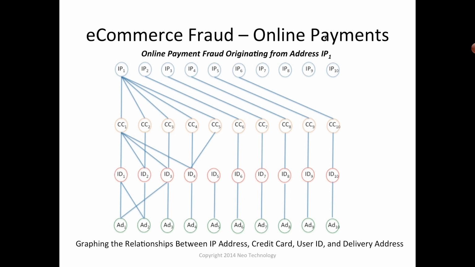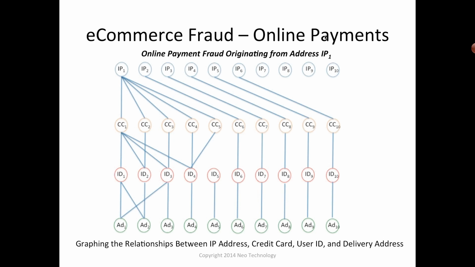In here, we can jump, and I'll go pretty quickly in here, because I hope you get the point that when you are doing e-commerce fraud and online payment fraud, you have a certain number of IP addresses, and a transaction is coming from a particular IP address using a particular credit card number, using a particular ID, so user ID password, and using a specific delivery address.